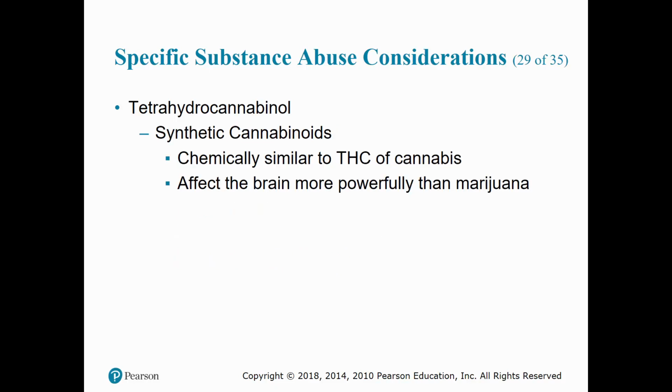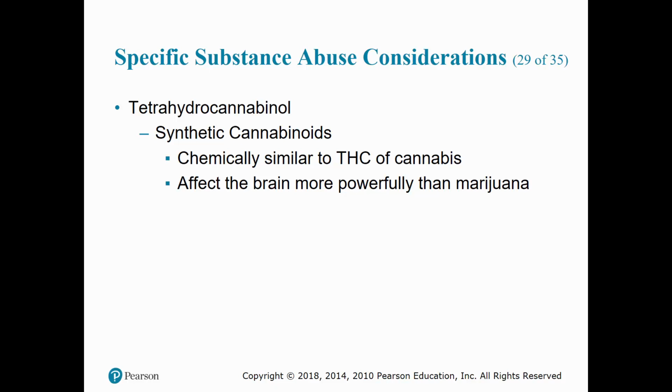Synthetic cannabinoids, often categorized as a new psychoactive substance or NPS, are manufactured chemicals that have similar effects as THC, which is found in cannabis. It is an unregulated substance that is sold as a mind-altering chemical.